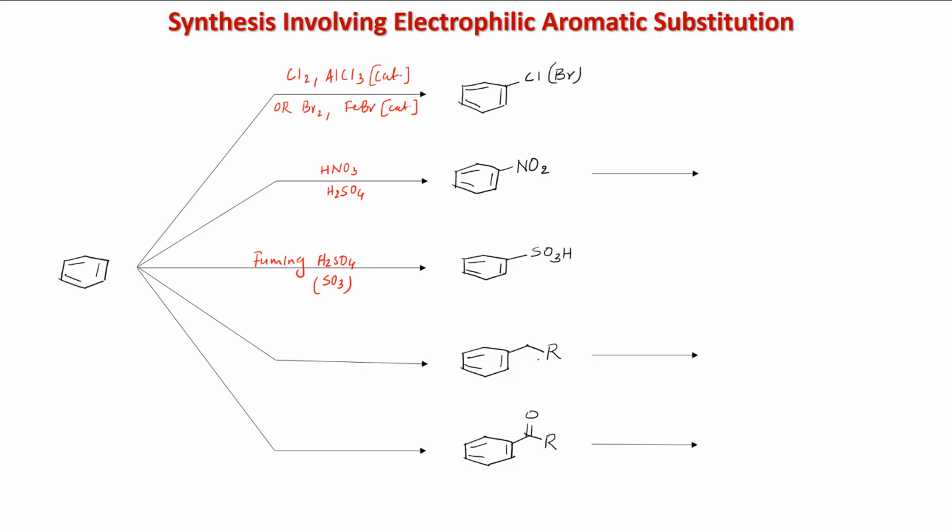The alkylation of benzene can be achieved using the Friedel-Crafts alkylation reaction, where we use an alkyl chloride along with aluminum trichloride as a catalyst. So this is the Friedel-Crafts alkylation reaction.